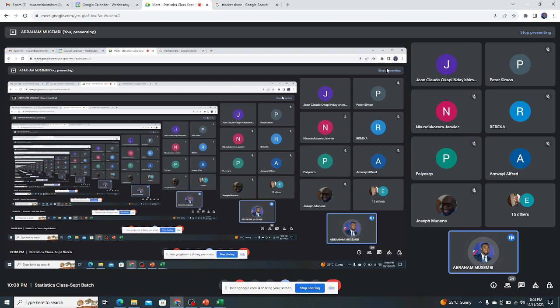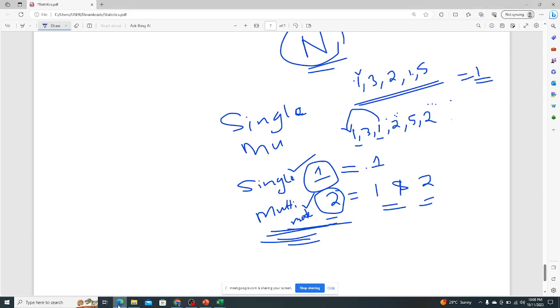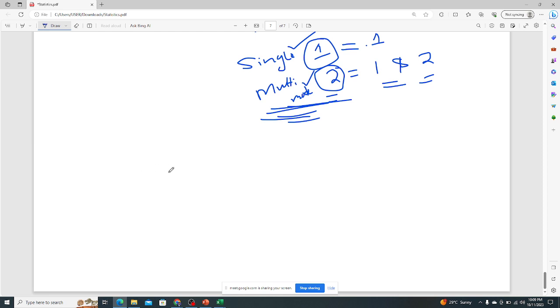You can sort it in ascending order or descending order. And tomorrow we shall see how we can get the median when we are given a set with an odd count of values.